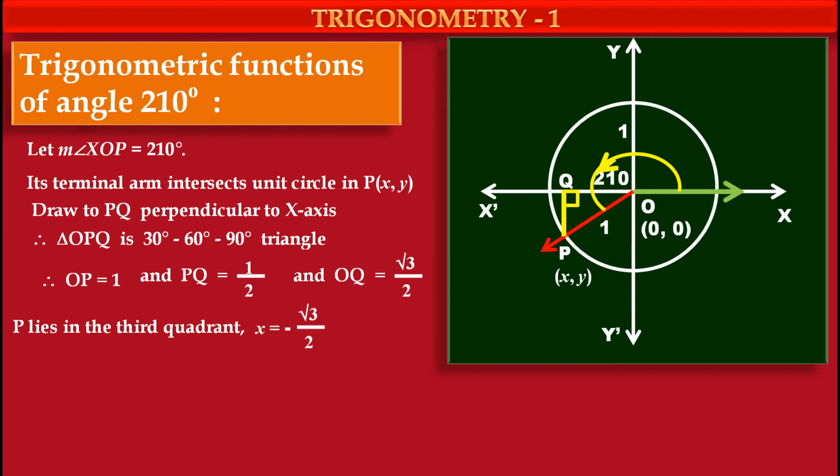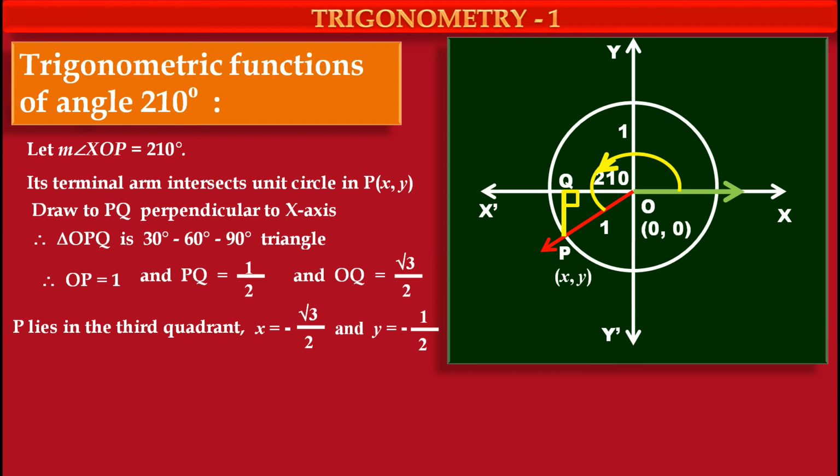So the value of coordinate x is equal to OQ, distance on the x-axis, but it is on the negative side, and that's why it is minus √3/2. The value of y coordinate is equal to PQ, meaning distance on the y-axis. PQ is parallel to the y-axis, and that's why y is equal to minus 1/2. x and y both are negative because of the third quadrant.